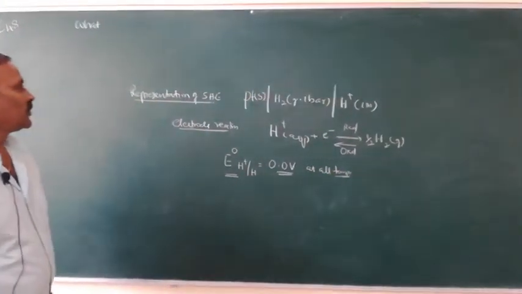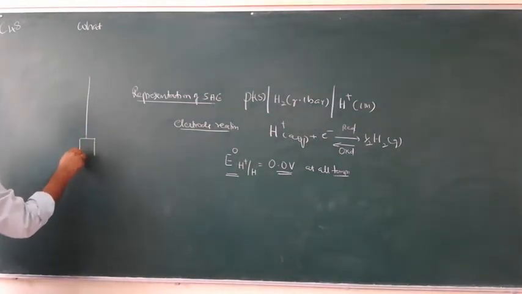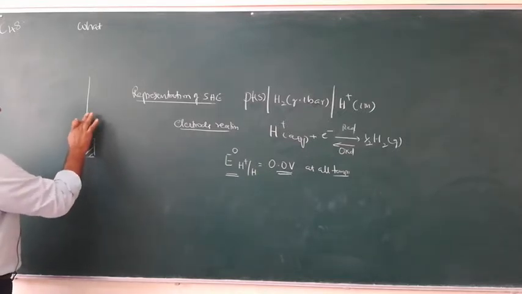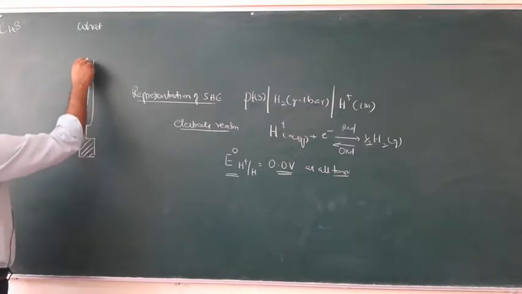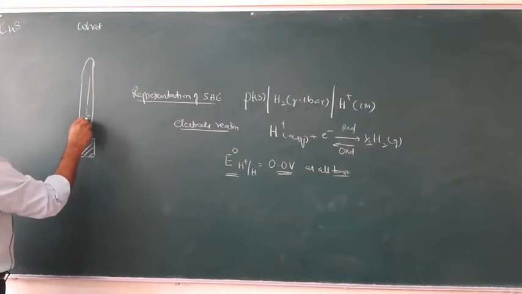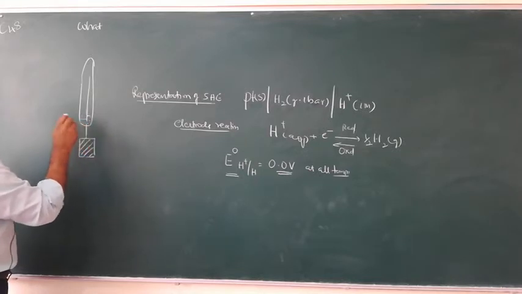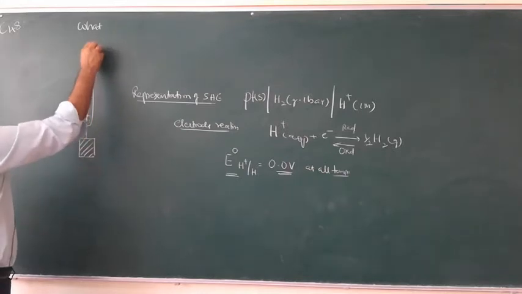So coming to the diagram, this is the platinum foil coated with platinum black to make this platinum foil rough surfaced so that hydrogen gas can get adsorbed on this rough surface. This one is surrounded by a narrow glass jacket, in which mercury is placed to bring about the contact of this platinum electrode with the wire which is used for external connection.